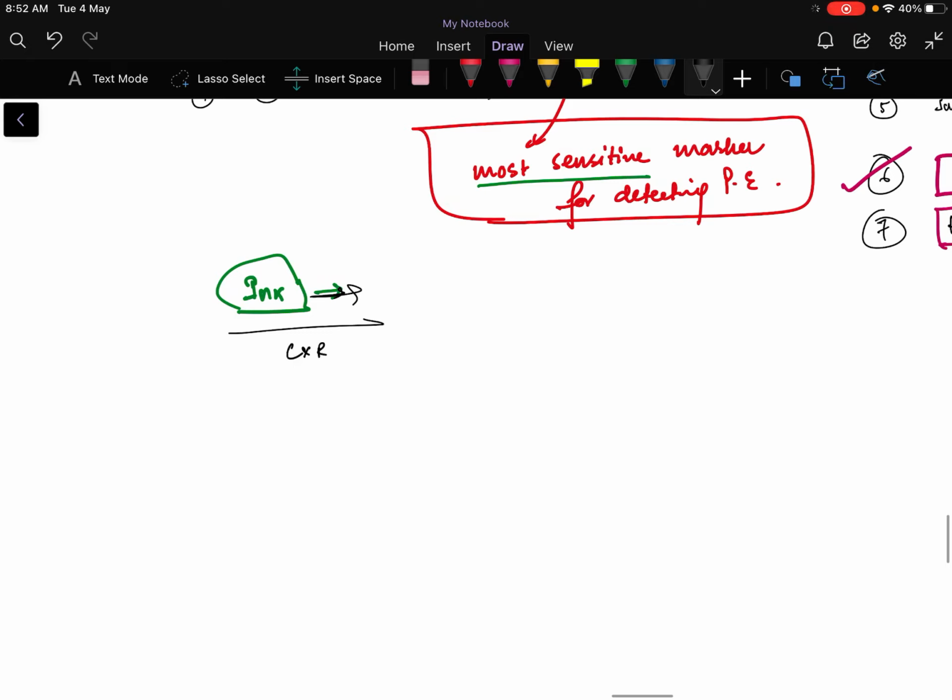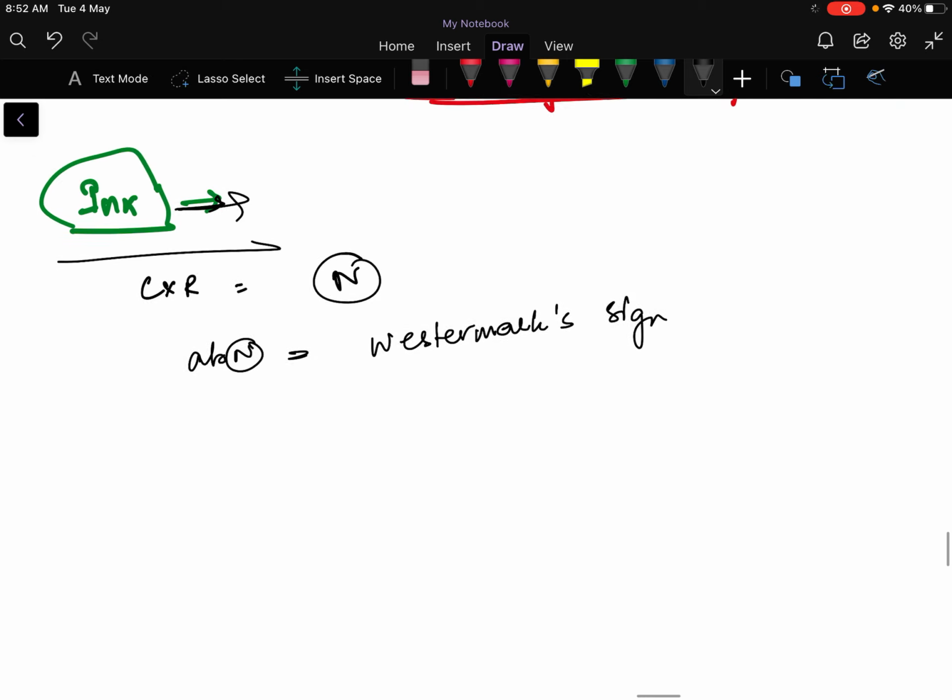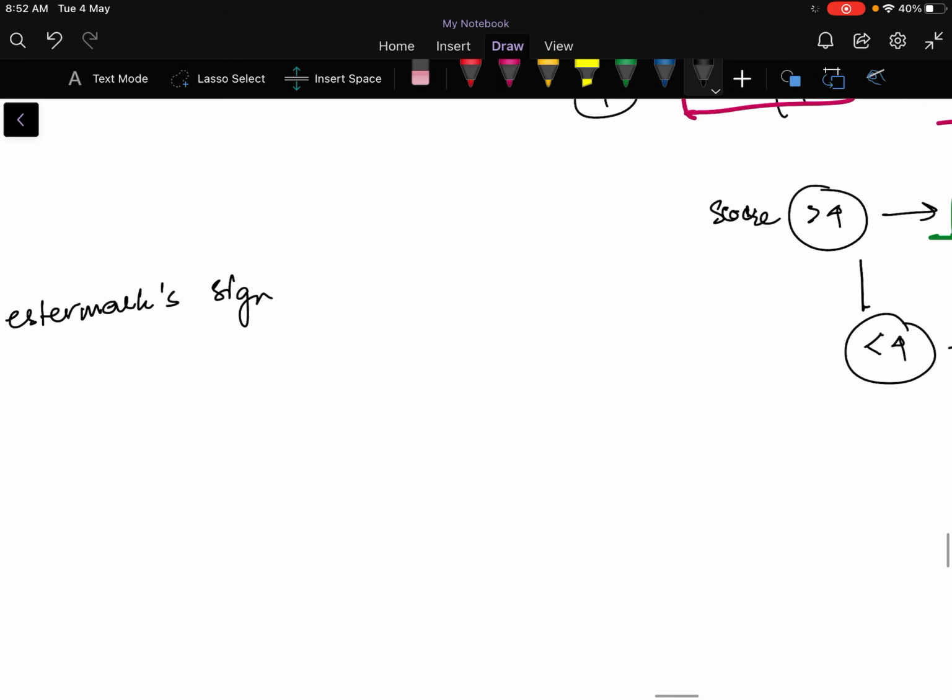Chest x-ray is most of the time normal. If there is an abnormality, you can detect Westermark sign. What is the Westermark sign? See, this is the lungs, right?